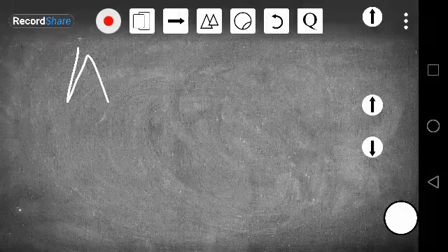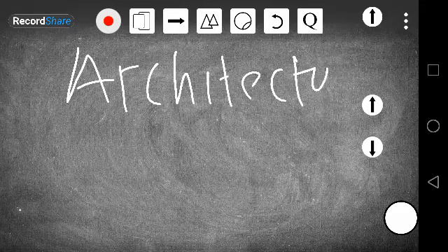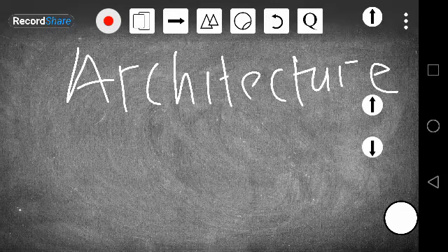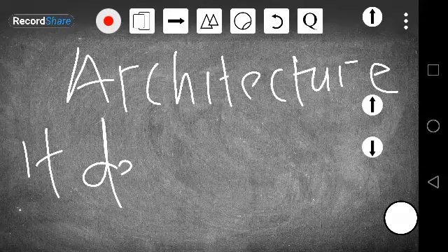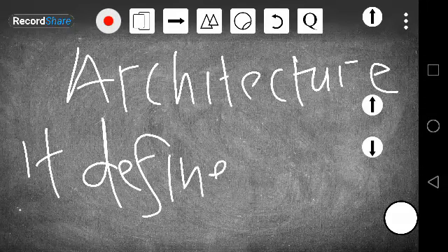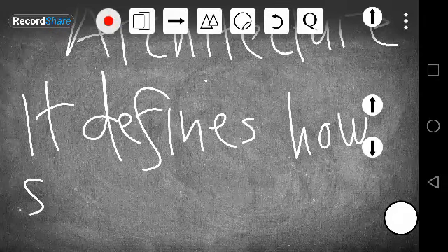Today we are going to continue with architecture. Now, what is an architecture? An architecture defines how something works or functions.